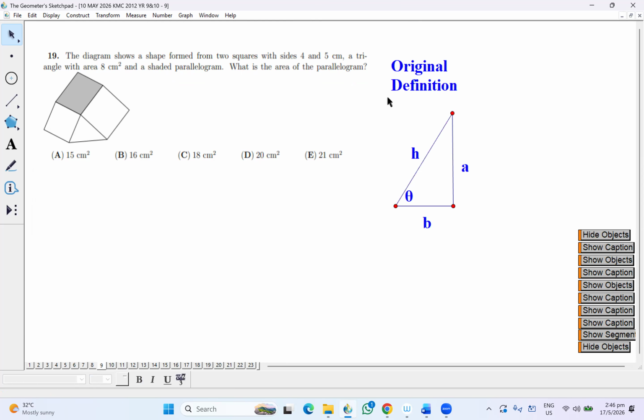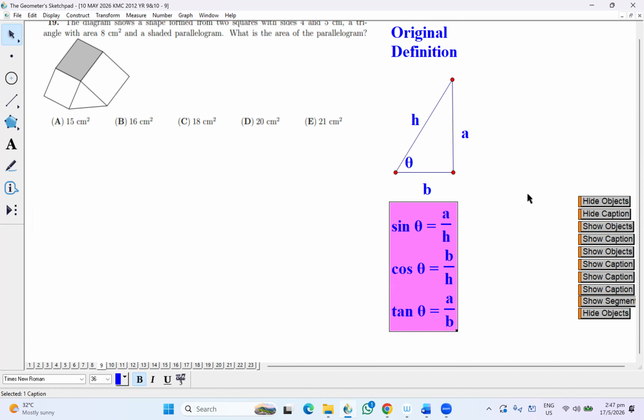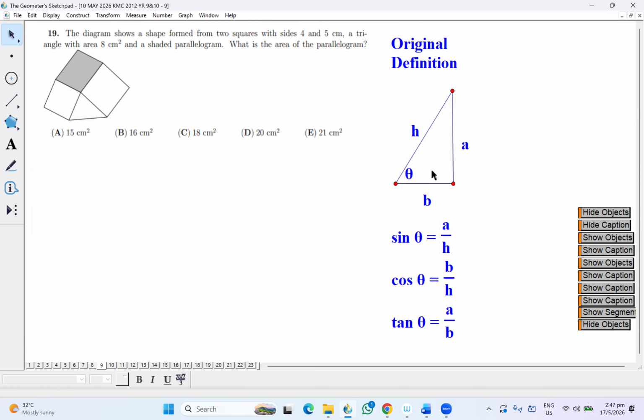The original definition uses a right angle triangle. Sine theta is opposite over hypotenuse. Cosine is adjacent over hypotenuse. Tangent is opposite over adjacent. It must have an acute angle only and a right angle triangle.